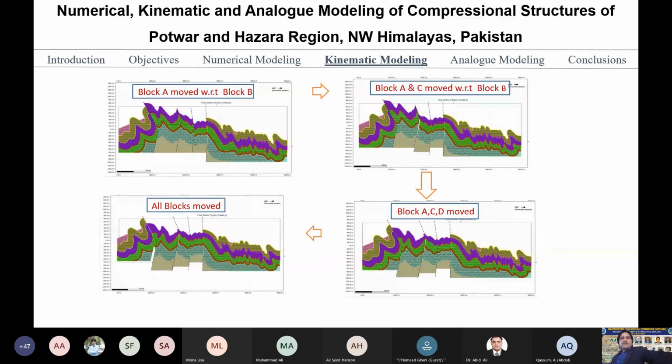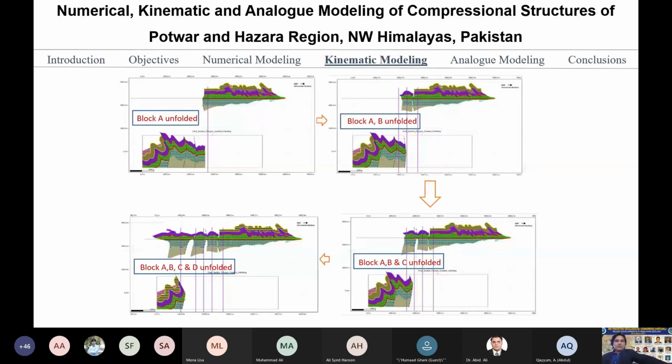In the second model, you can see that I slip along the second fault, and block B moves downward, and you can see the continuity of the lowermost sediments in a single part. Then the third one, and finally the fourth one. So you can see that I move the different blocks along the slip of the faults and join these sediments, showing finally in the last that all blocks have been moved downward.